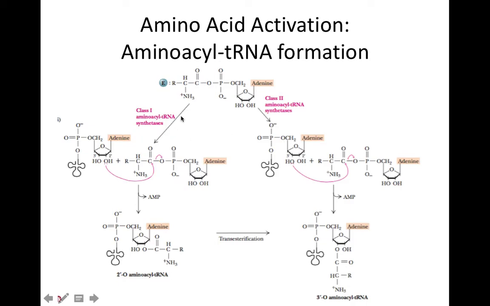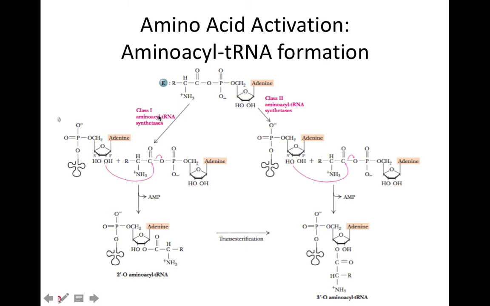And here, this is your activated amino acid, and this is the 2' hydroxyl group of the adenine found in your tRNA. So, via a nucleophilic attack, your amino acid is now linked to the 2' end of your adenine in tRNA.